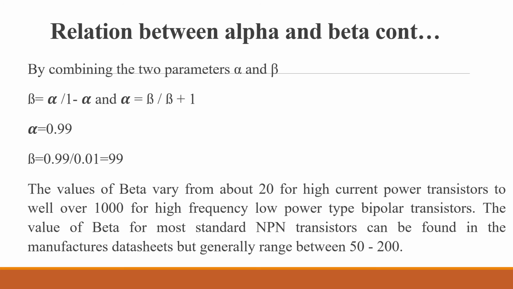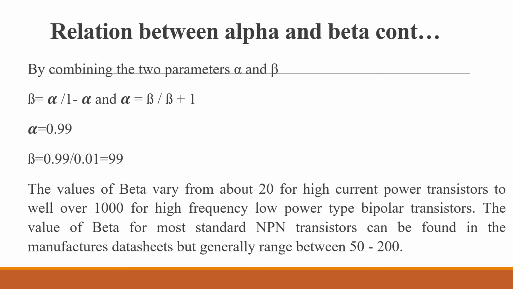Suppose alpha is equal to 0.99, so 0.99 upon 0.01 is equal to 99, and in this way the value of beta varies from about 20 for high current power transistors to well over 1000 for high frequency low power type bipolar transistors.